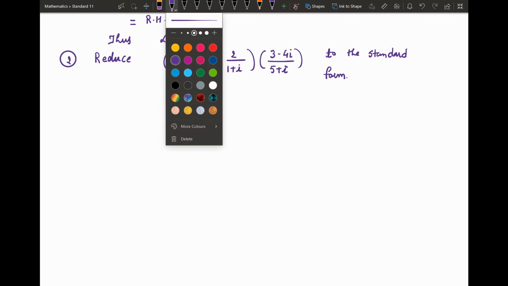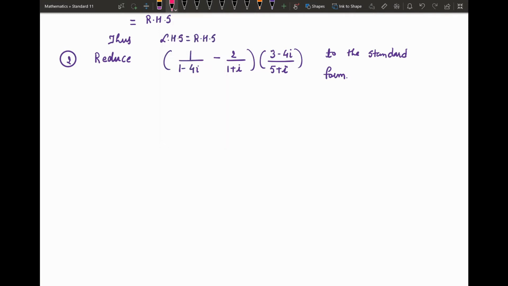Standard form, which means which form is standard form? A plus ib form, z equal to a plus ib. This is standard form. So by simplification we will convert given expression into standard form, that is a plus ib form. Solution.